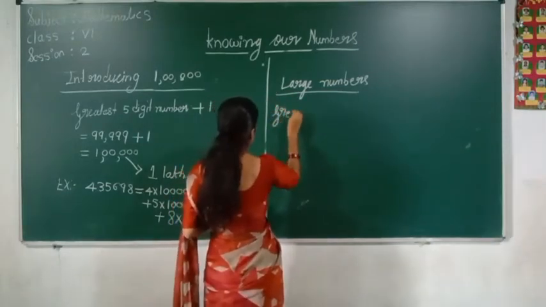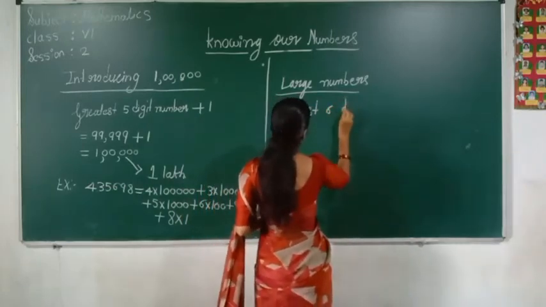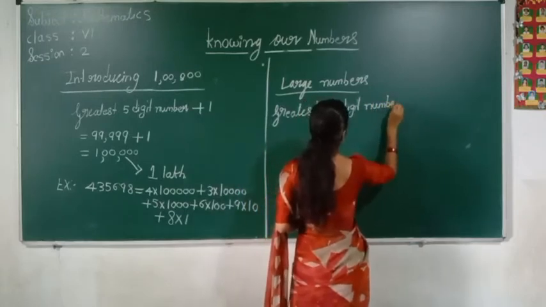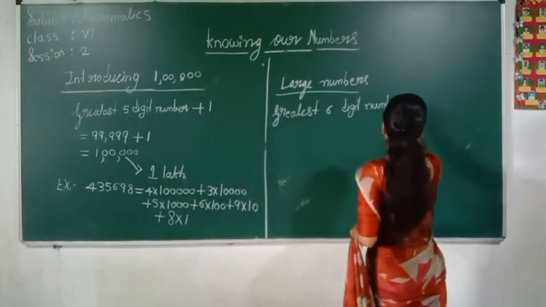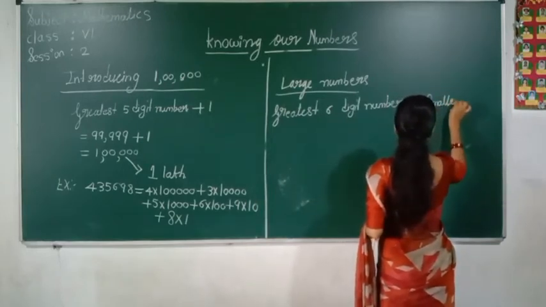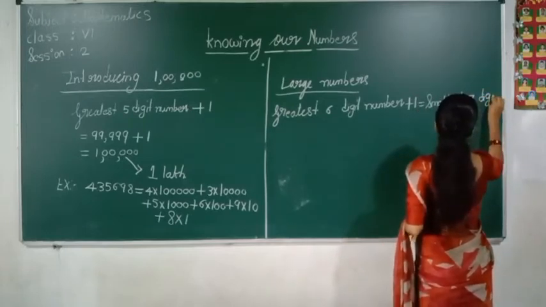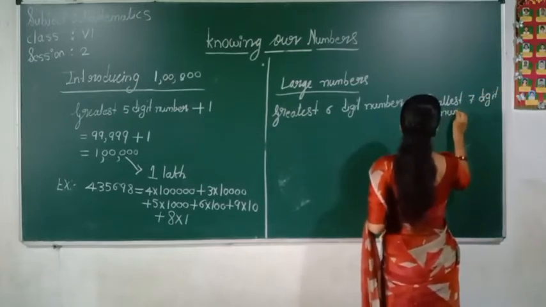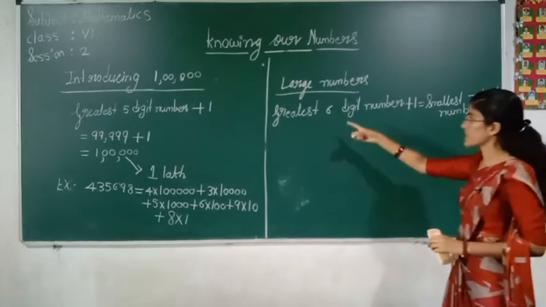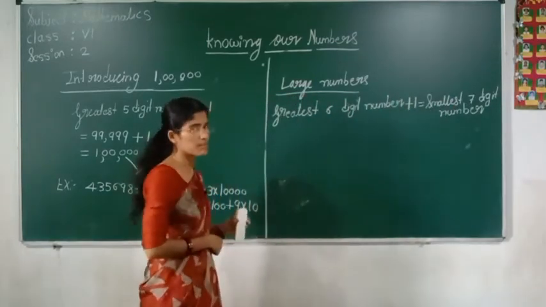If I take a greatest 6-digit number and do plus 1, I am going to get a smallest 7-digit number. The same pattern I had done previously, I am going to continue.